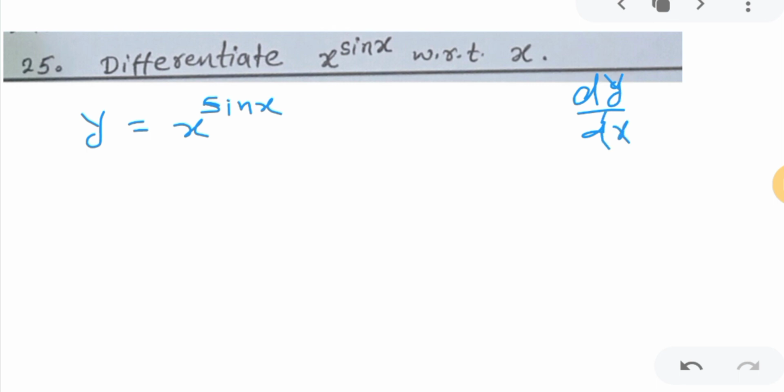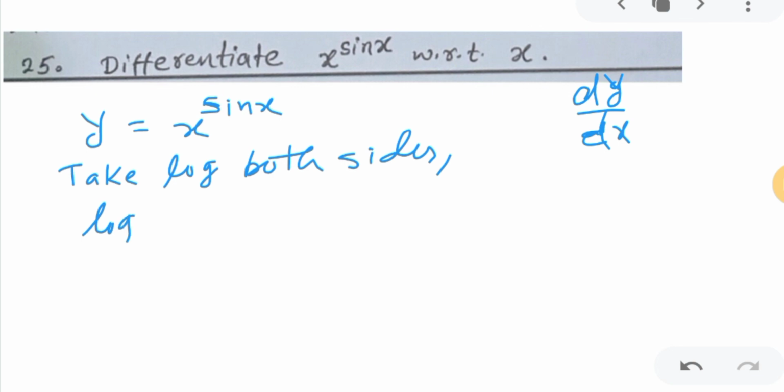Now we cannot find it directly. We'll use the log because this is a power thing. So take log on both sides. When I take log on both sides, the left side is log of y and the right side is log of x to the power sin x.